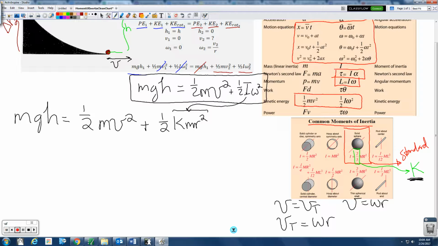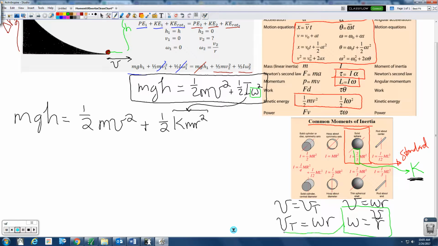And so I have this value here that I'll highlight in green for a second. There's my omega. So if I can solve this for omega, I can substitute it in, because there was no way for us to measure directly the angular speed. So let's solve this for omega. Omega equals v over r.